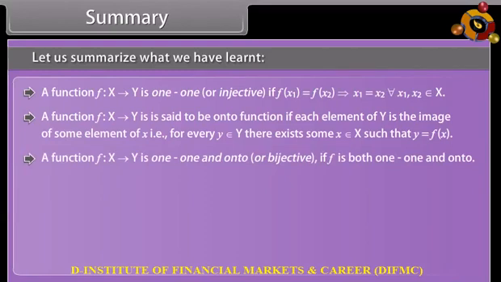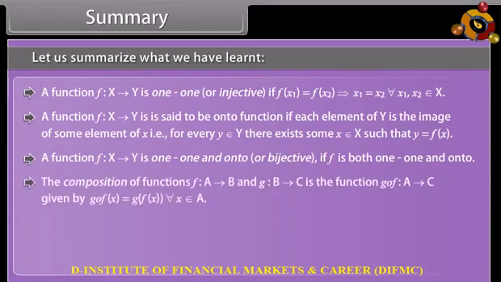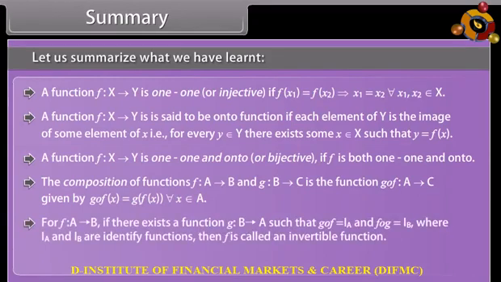A function f from X to Y is one-one and onto, or bijective, if f is both one-one and onto. The composition of functions f from A to B and g from B to C is the function g o f from A to C given by (g o f)(x) is equal to g of f(x) for each x belongs to A. For function f from A to B, if there exists a function g from B to A such that g o f is equal to I_A and f o g is equal to I_B, where I_A and I_B are identity functions, then f is called an invertible function.